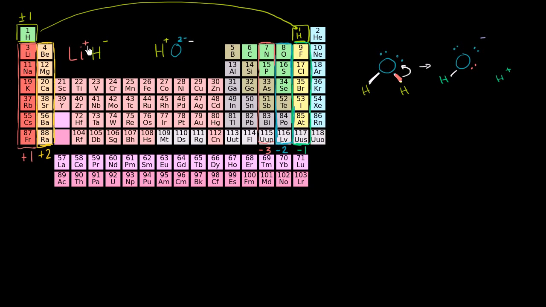But there's also something interesting going on here. Notice the oxidation states of the atoms in a molecule add up to the entire charge of the molecule. So if you add a +1 plus a -1, you get 0, and that makes sense because the entire molecule, lithium hydride, is neutral.